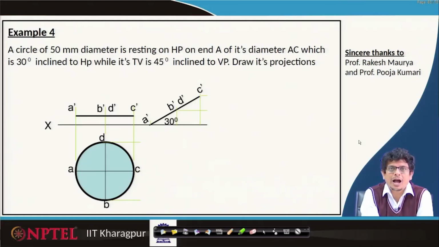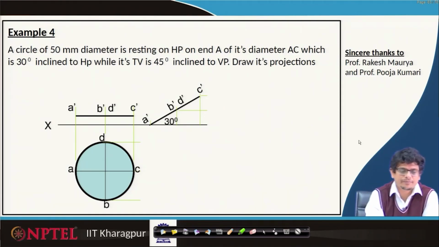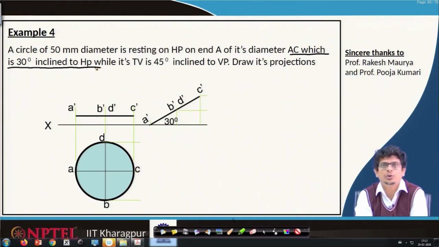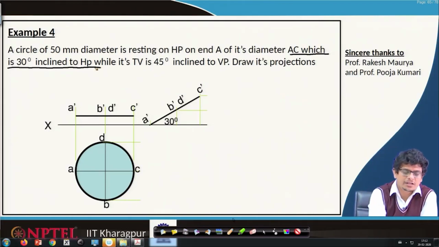Now, we would like to have this AC making a particular angle like 30 degrees with the horizontal plane. AC is 30 degrees inclined to horizontal plane. How will we see this A and C? Unless we lift this, keeping that A point on the ground, still on the horizontal plane, lifting up this C point in the vertical direction, which we will visualize in the vertical plane.